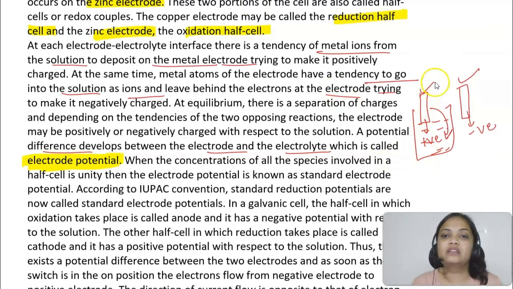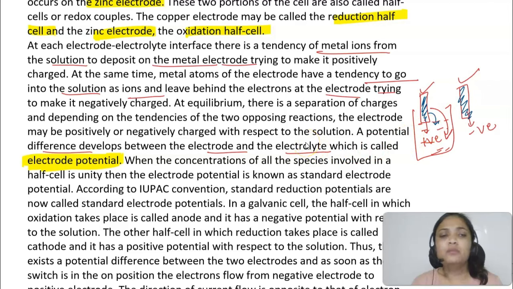So whenever charge gets accumulated on your electrodes, there exists a potential difference between the electrode and the electrolyte, which we call electrode potential.